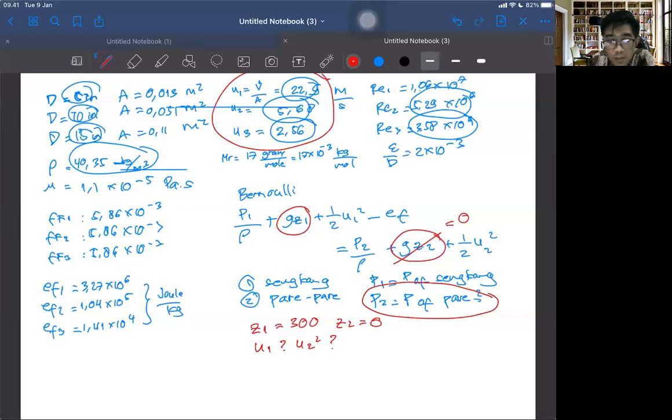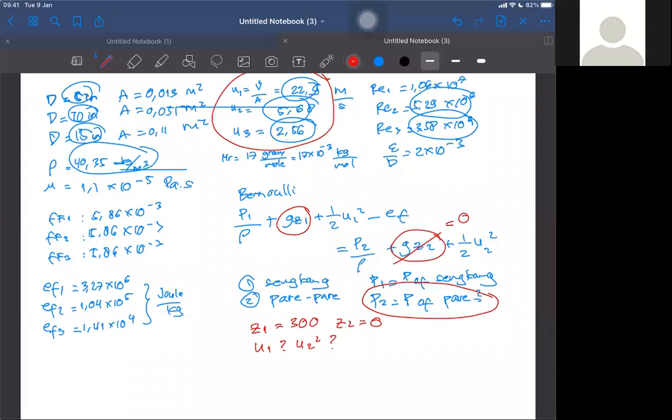U1, the one from Sengkang, would be the one that we have, the one at 22.9. Yes, sir. And velocity at point 2? I guess that it's 0, sir. Why 0? Then it's not flowing, right?